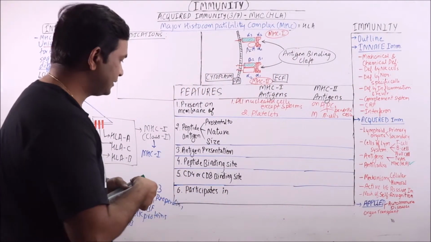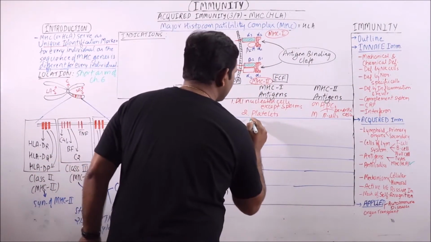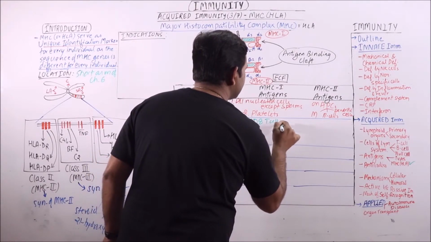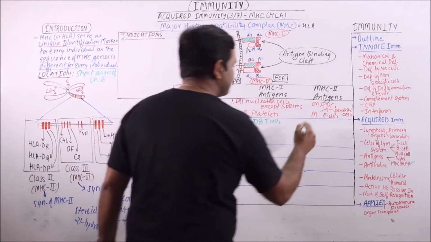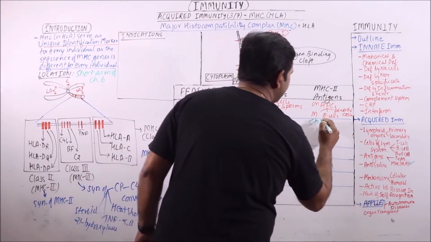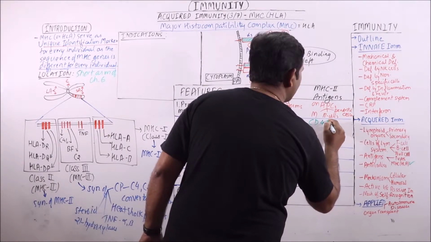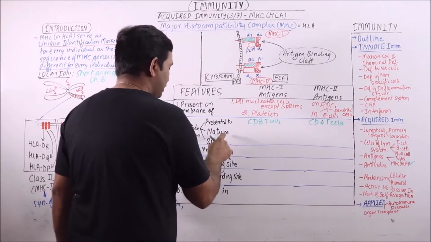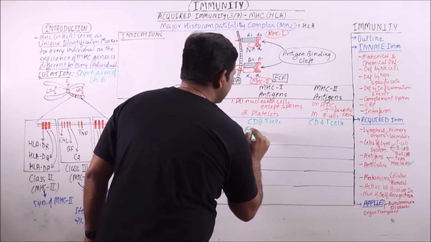For MHC1, the peptide antigen is presented to CD8 T cells. These are cytotoxic T cells, while for MHC2 the peptide antigen is presented to the CD4 T cell, that is the helper T cell.